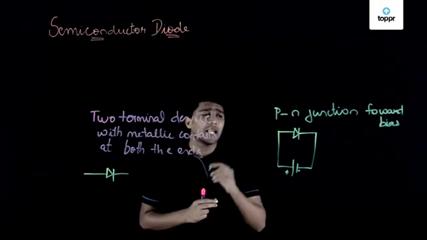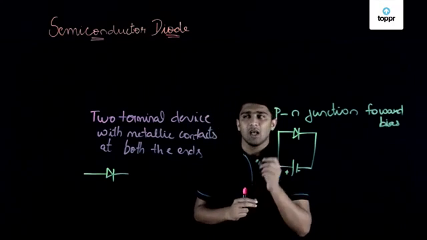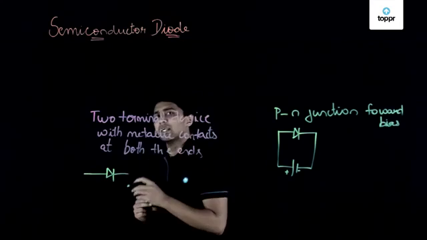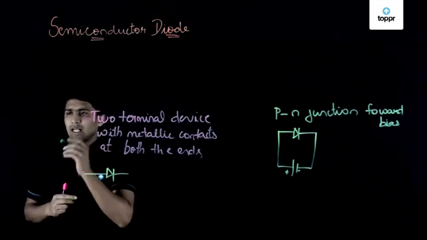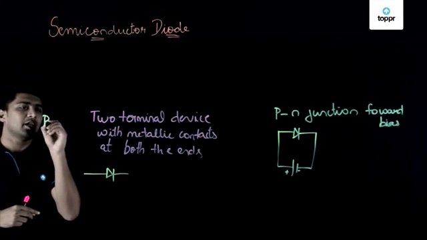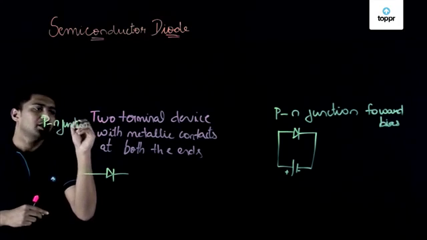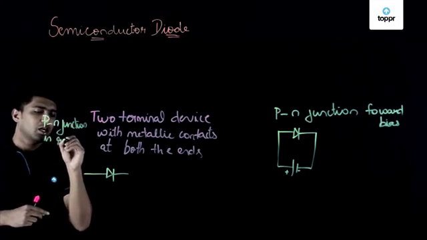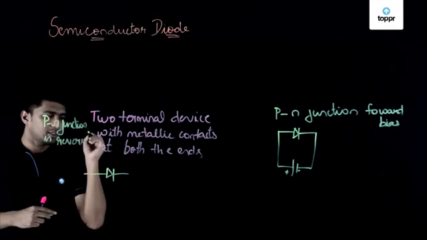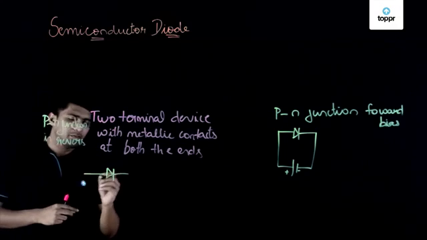And what will happen in reverse bias? Let's see the PN junction in reverse bias. Let's say this is a diode.